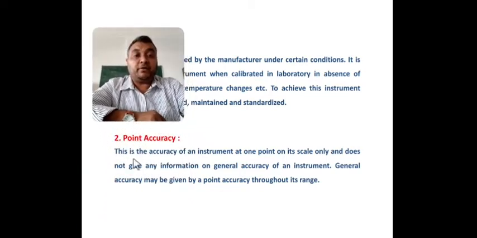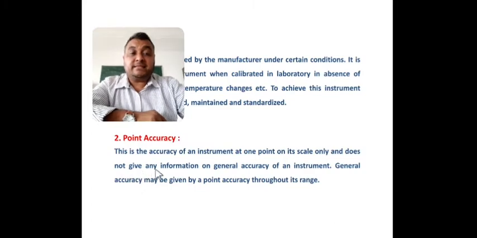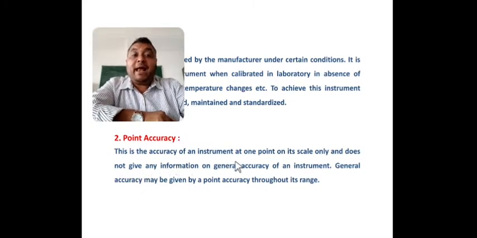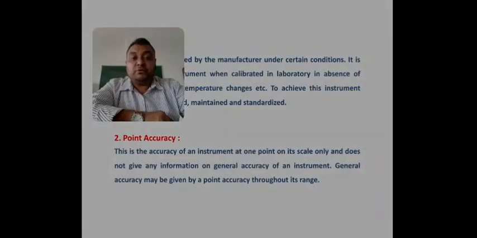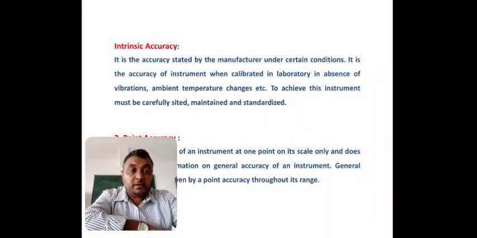This is the accuracy of an instrument at one point on its scale only and does not give any information on the general accuracy of an instrument. Okay, so the general accuracy may be given by point accuracy throughout its range. Okay, so over here we have defined intrinsic accuracy and point accuracy.